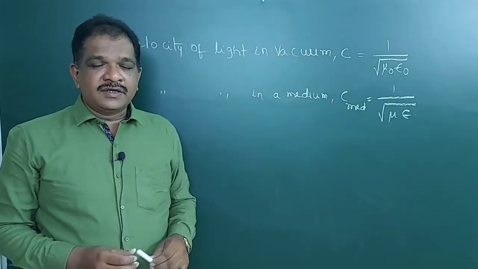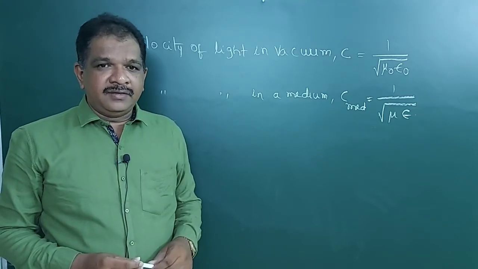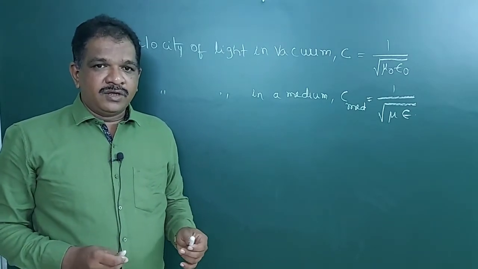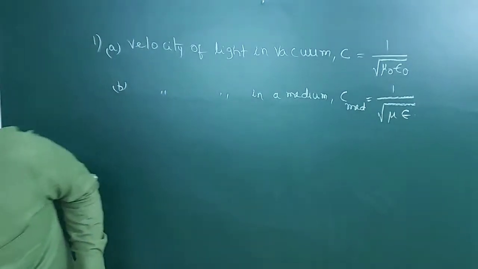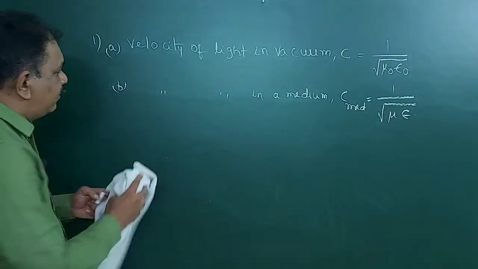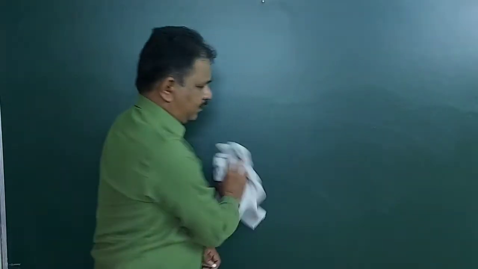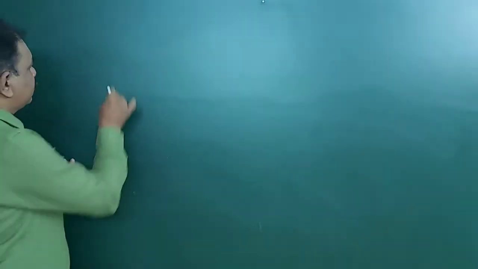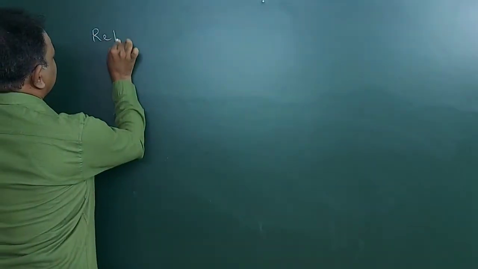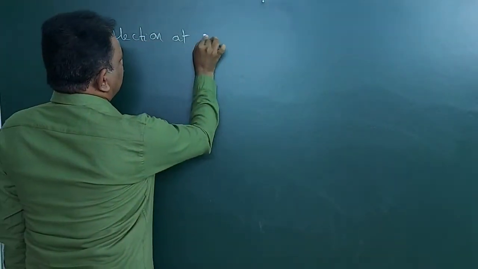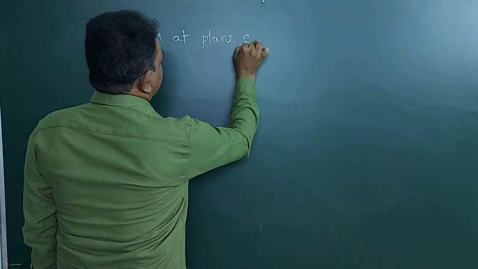Now we will discuss reflection at the plane surfaces, means reflection at plane mirrors. What formulas we will use, we will discuss it. Okay. First of all, reflection at plane surfaces.